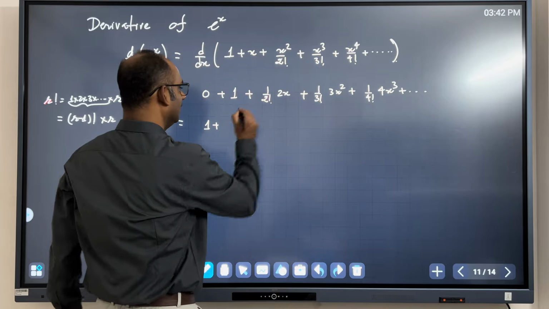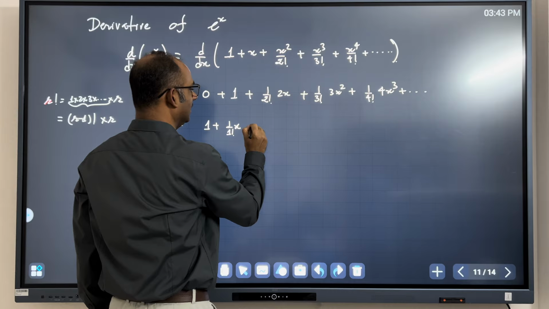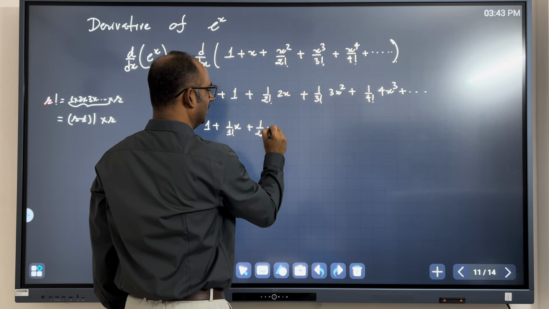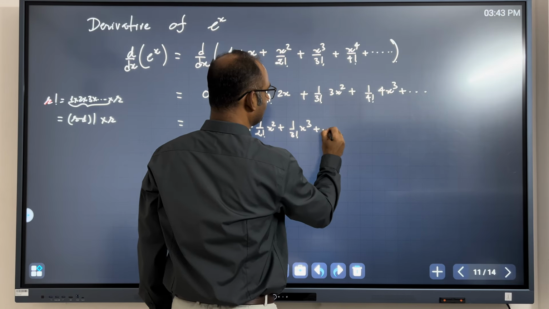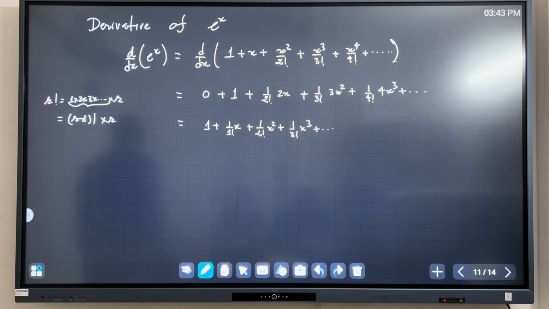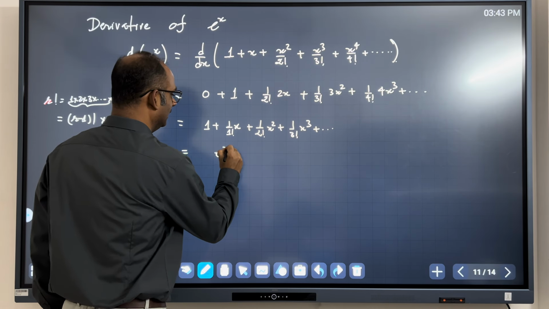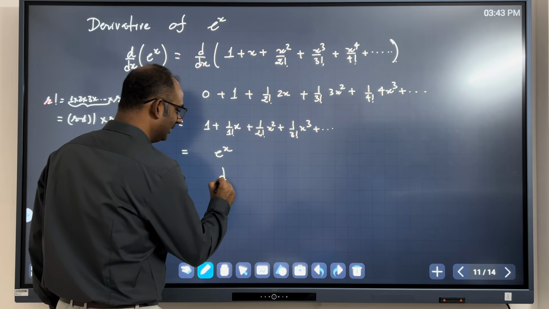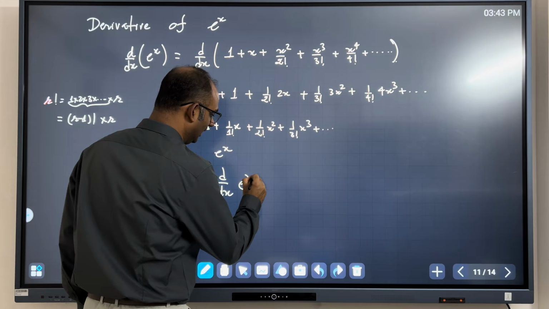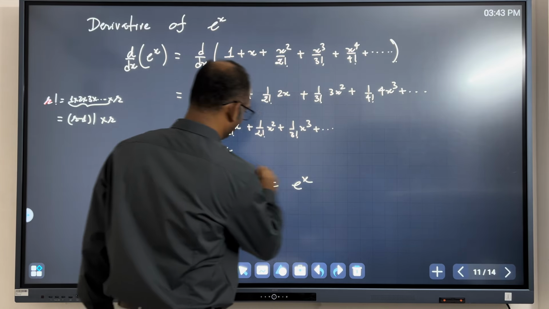So this is 1 over 1 factorial x plus 1 over 2 factorial x square plus 1 over 3 factorial x cube. Do you know what you have got? e to the power x. That is e to the x again, right? So the nice result is, if you differentiate e to the x, then you get e to the x again.